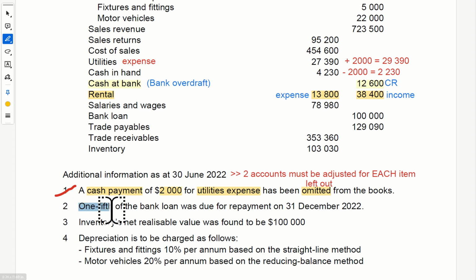One fifth of the bank loan is due for repayment on 31st of December 2022. Keeping in mind that the year end is 30th of June 2022, from 30th of June to 31st of December is about 6 months.